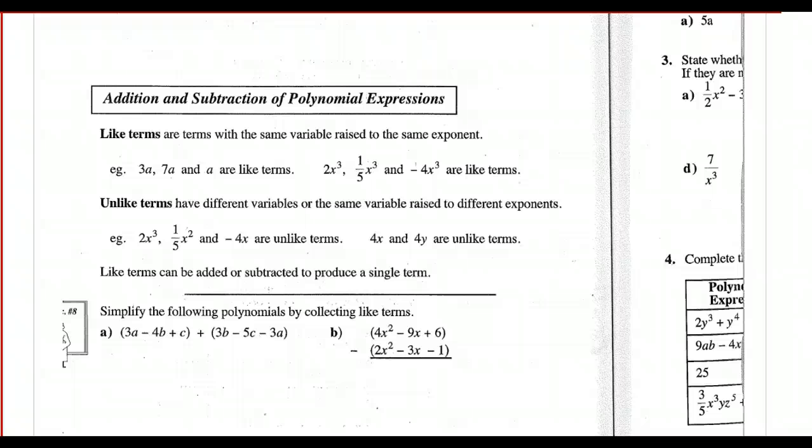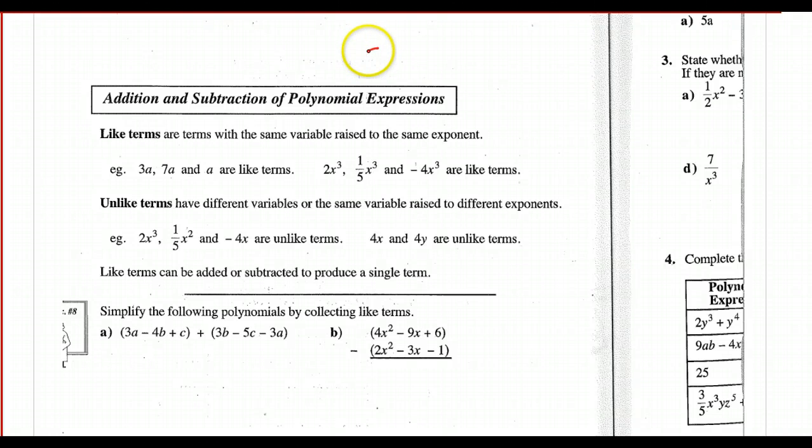Okay, so let's do a few examples. In order to add or subtract terms, we need to collect like terms. And what that means is if you have different variables in your terms, those are apples and oranges. You cannot add or subtract those.